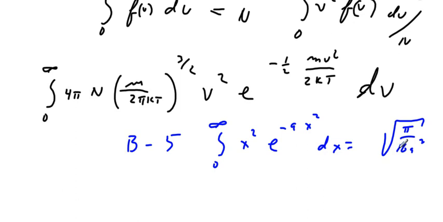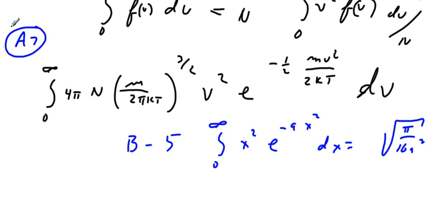A cubed? Is that what it says? Let's see. B5. All right, so there's B5. B5 is on page A7. So B5 is a bunch of integrals. Yep, that's what it is.